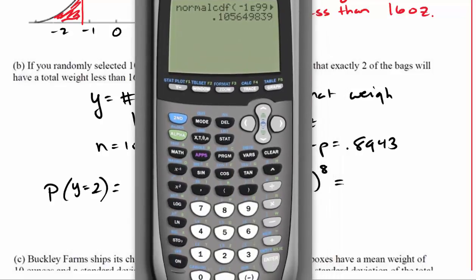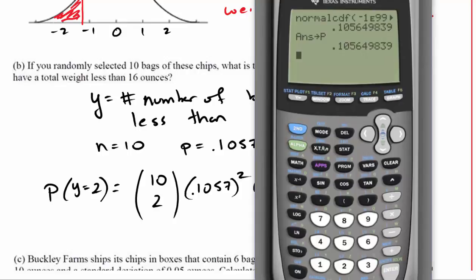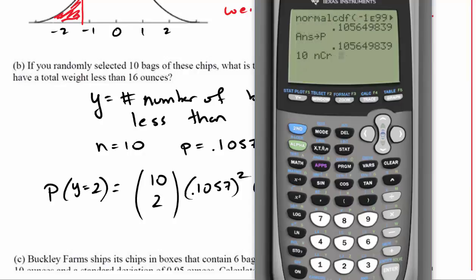So let's take the time to store this value as P, and now we will do 10, math, probability, nCr, because it's a combination, 2.